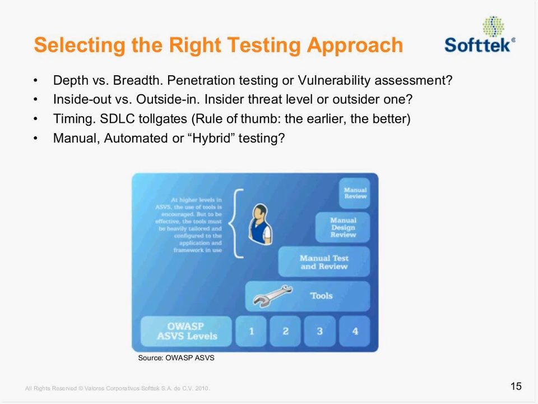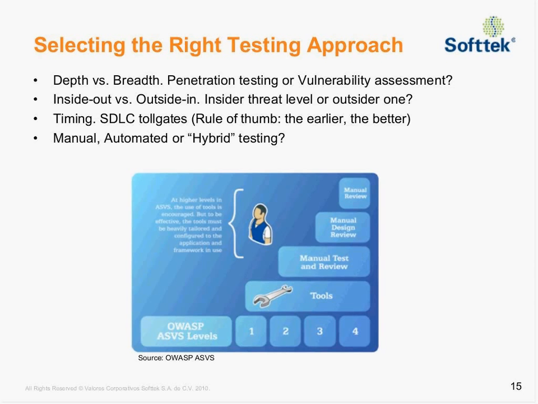So another important question is, what is the right testing approach? This is something that many people ask me. What kind of testing should I use? Should I use automated tools? Should I use manual testing? What should I do for testing my applications?